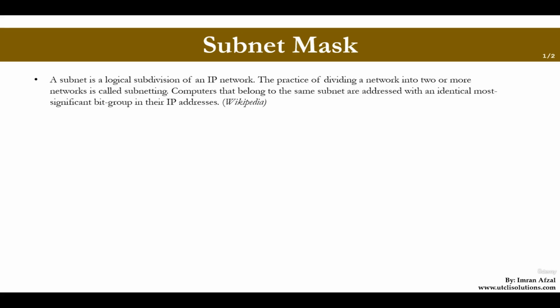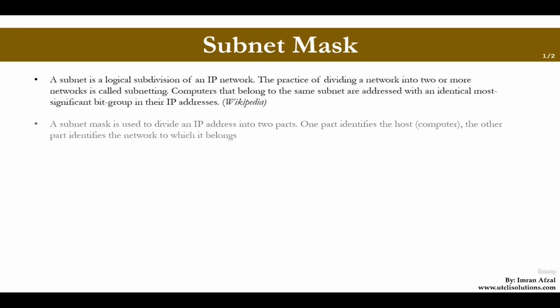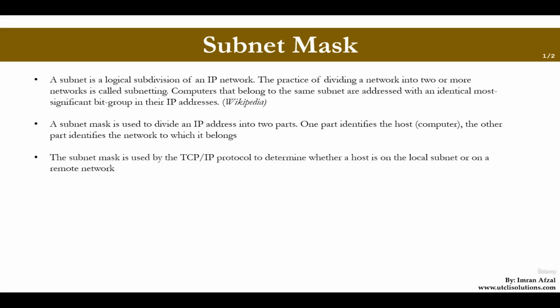Computers that belong to the same subnet are addressed with an identical most significant bit group in their IP addresses. A subnet mask is used to divide an IP address into two parts. One part identifies the host, which is the computer. The other part identifies the network to which it belongs. The subnet mask is used by the TCP/IP protocol to determine whether a host is on the local subnet or on a remote network.